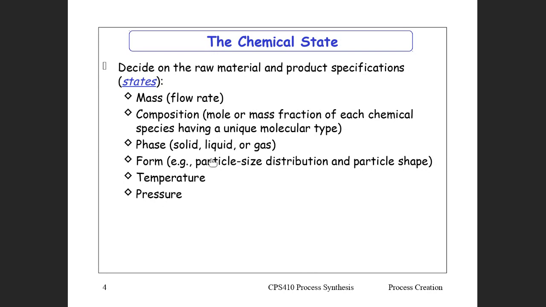If it is a solid stream, then particle size distribution is important, and the particle shape is important. And that you do in CPA, which you'll be doing simultaneously with this course. Then you need to look at what its temperature is and what its pressure is, and that now you've defined the chemical state of that pipe that's coming in with the raw material, of the stream that's within the pipe that's coming in as your raw material. Okay.